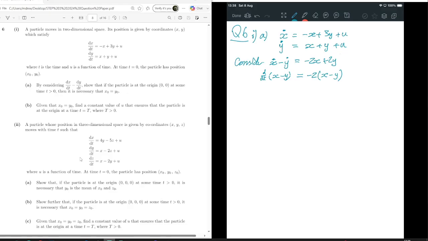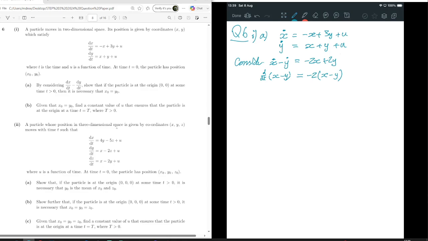And it looks like I might want to. One way to think about this condition here is that the x minus y is 0 at the origin. The difference between these, if they're equal to each other, would be equal to 0.